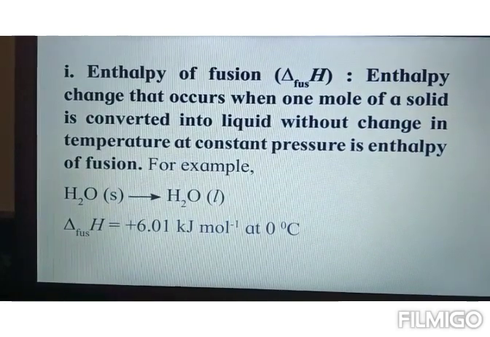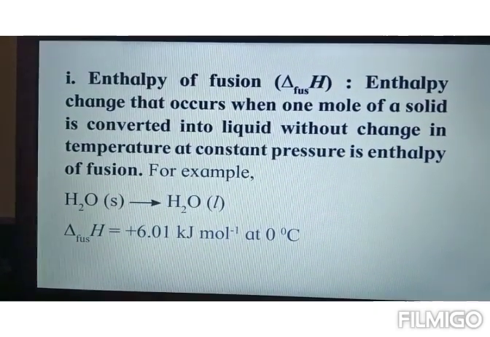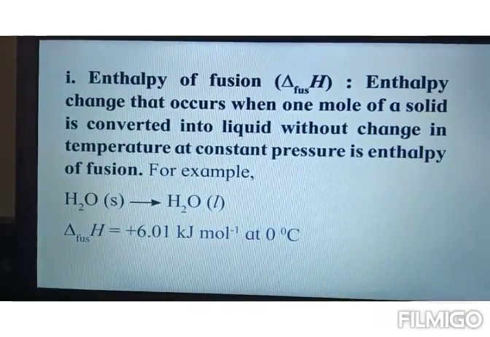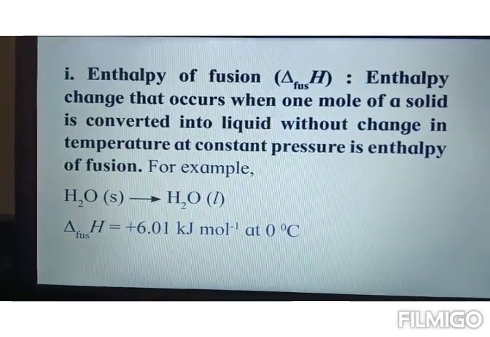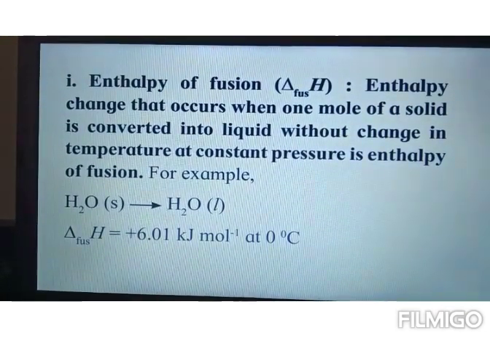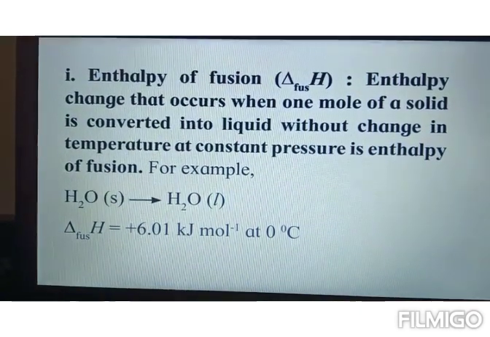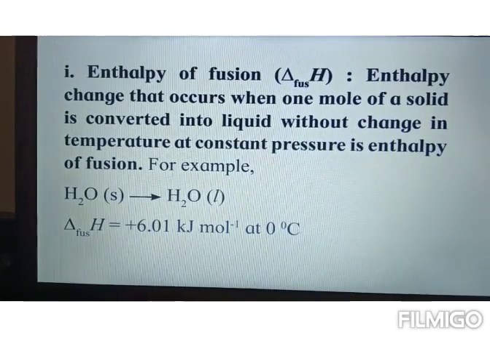Always keep in mind, students, this term 1 mole is very important, because when the change occurs with 1 mole of substance, we can consider it as the enthalpy of that particular process. So enthalpy of fusion is what? Again, it is the enthalpy change that occurs when 1 mole of a solid is converted into liquid without change in temperature at constant pressure.